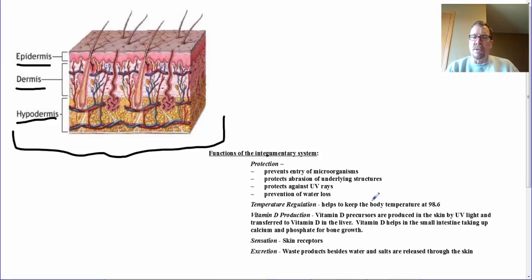There is a temperature regulation function to keep it at the normal 37 degrees or 98.6 range. There is vitamin D production. That is a cascading chemical trigger that goes to your liver, and what that does is allows the liver to produce vitamin D, which allows you to uptake calcium in the intestines.